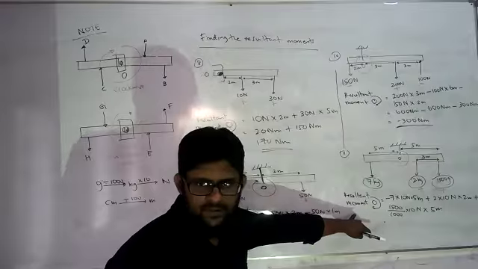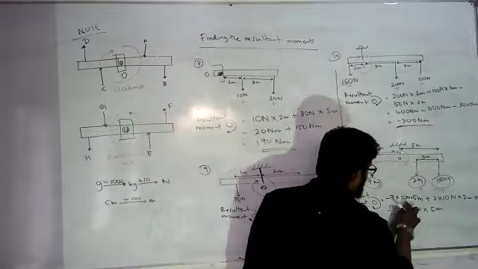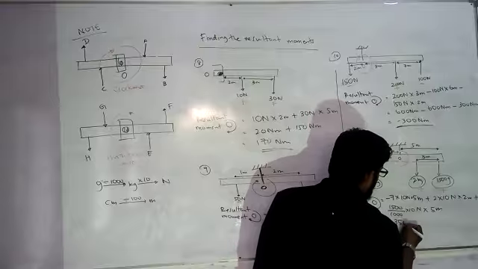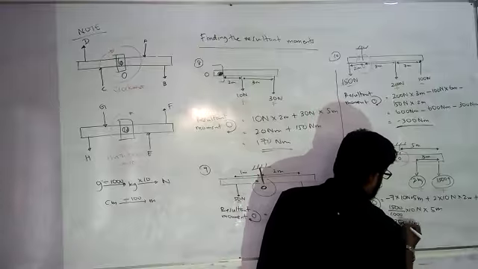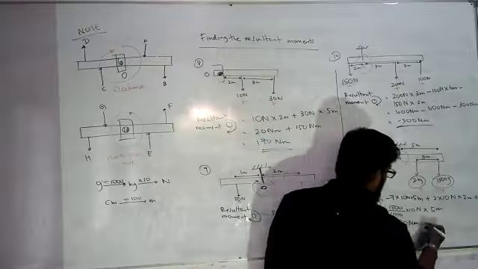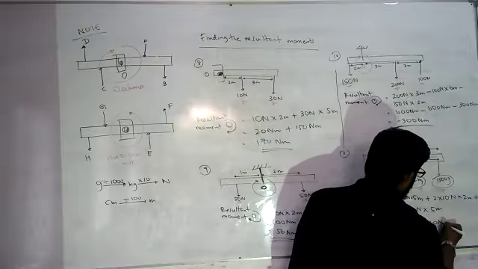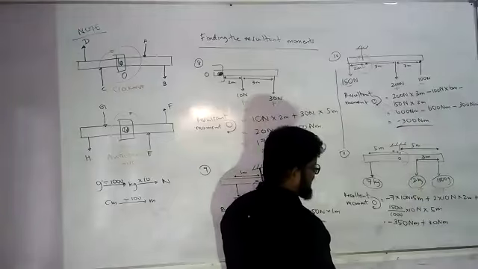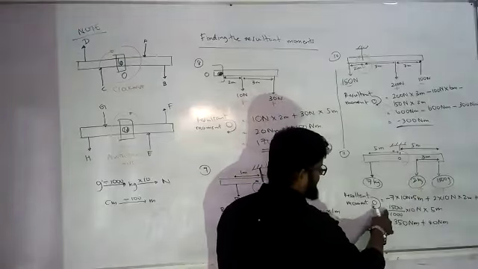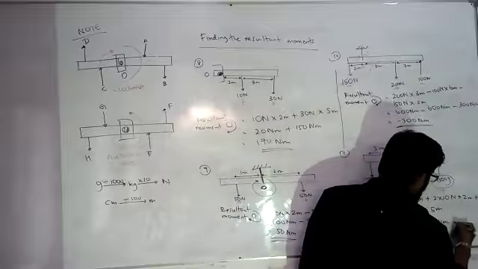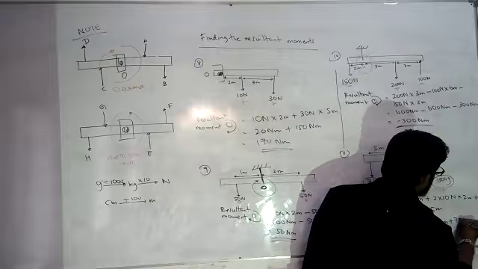Get them properly? Right? 70 into 5, 350 Newton meters, that is minus. Plus 2 into 10, 20 into 2, 40 Newton meters. Plus 1.5 into 10, 15, 15 into 5 is 75, and it is also plus.